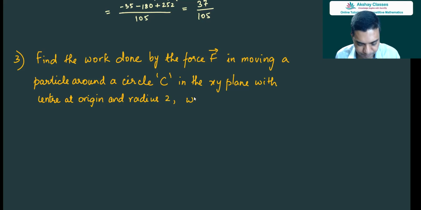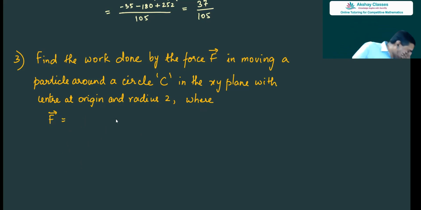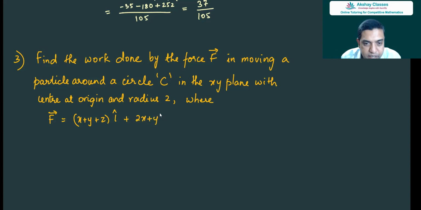Now, where F is x plus y plus z times i cap plus 2x plus y times j cap plus 2x minus y plus z times k cap.